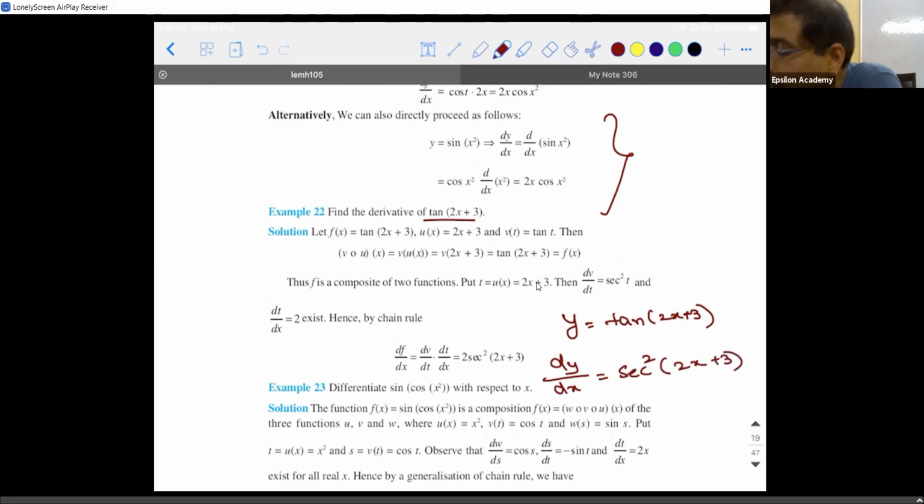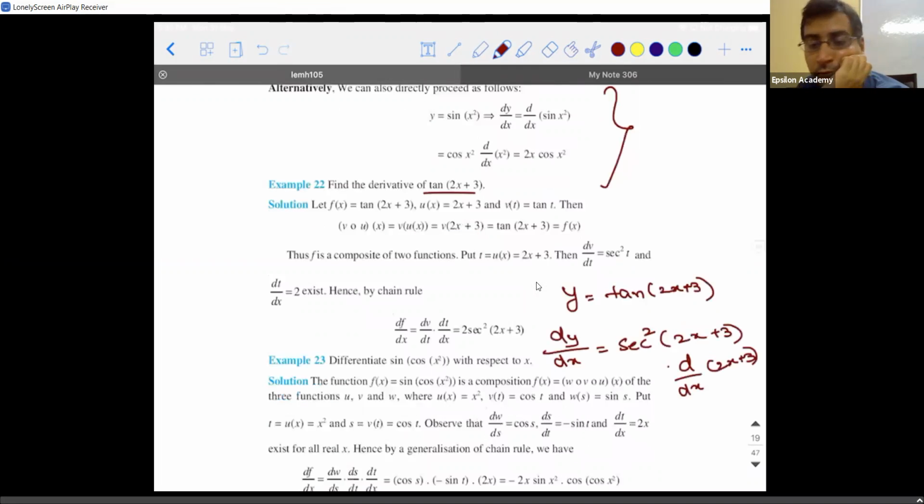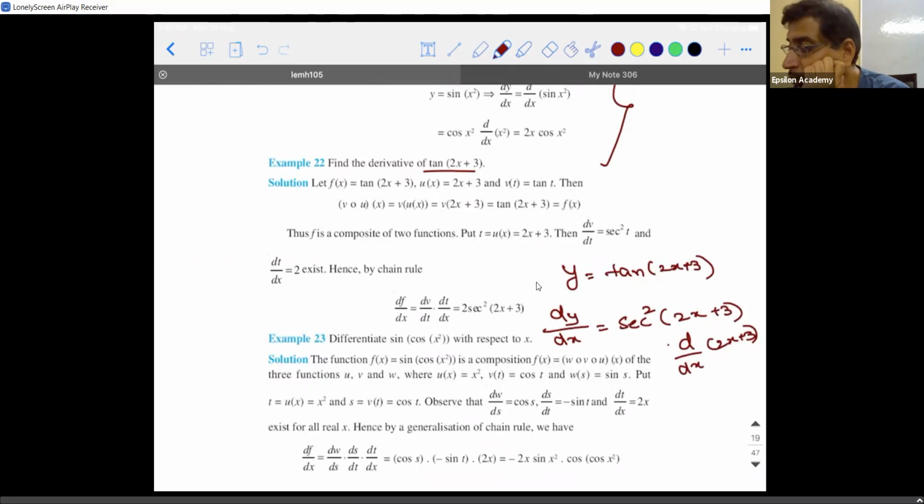By next class, I want you all to memorize it. Secant square of 2x plus 3 into d by dx of 2x plus 3. The derivative of 2x plus 3 is 2. So the required answer will be 2 secant square of 2x plus 3. Some people use substitution and all those things, not needed. Okay. Now listen.